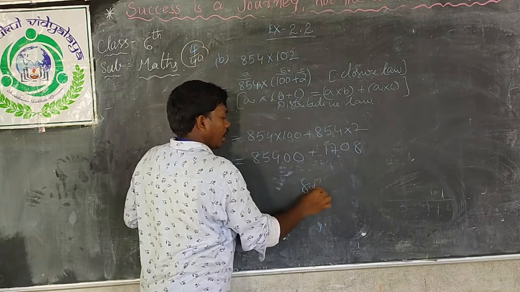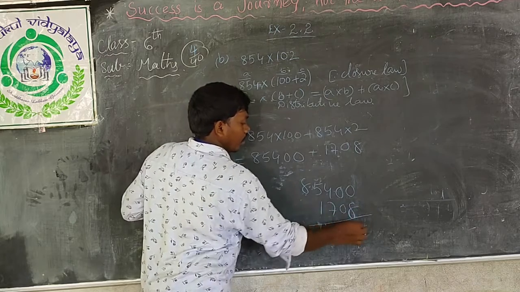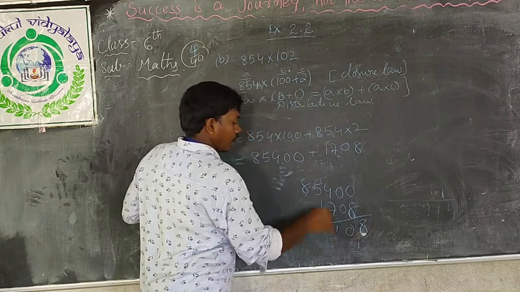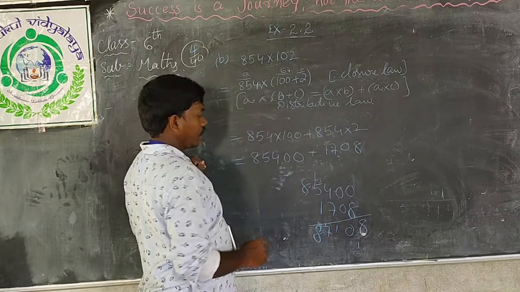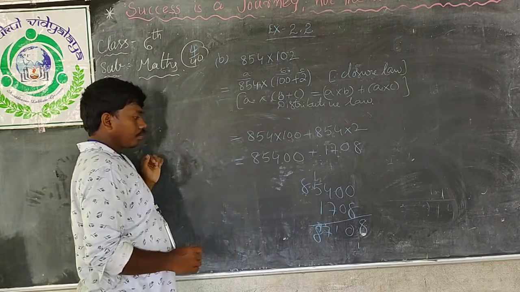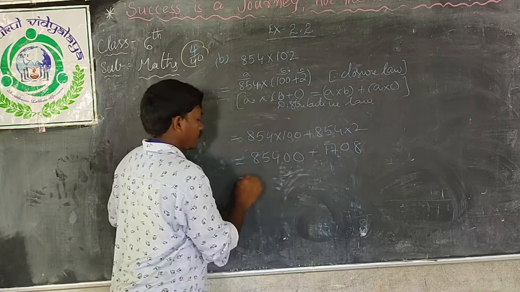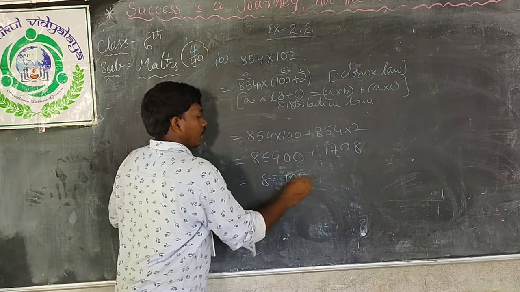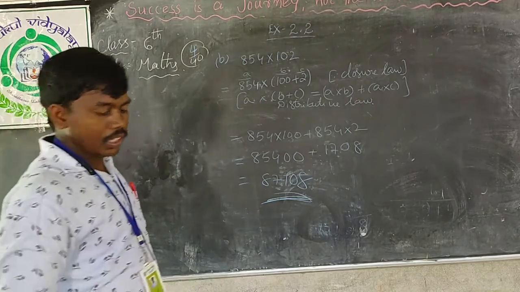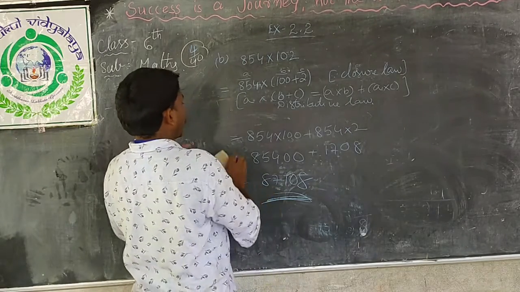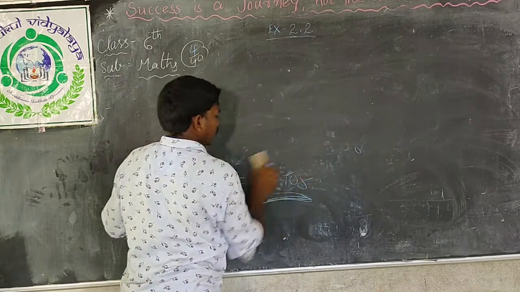Now add 85400 plus 1708, which is 87,108. This is the required answer. Okay, children? Next, D. See the sum number D.